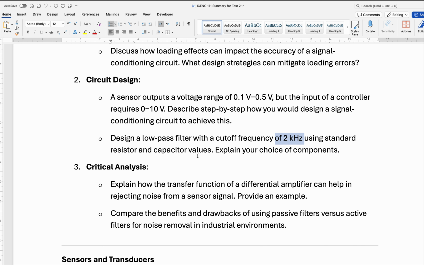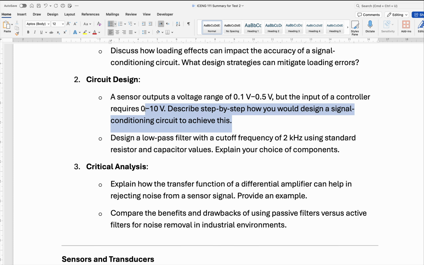If I choose the capacitor as 0.01 microfarad, I can identify the value of the resistor. This is how I can design a low pass filter, and then I can draw that design.